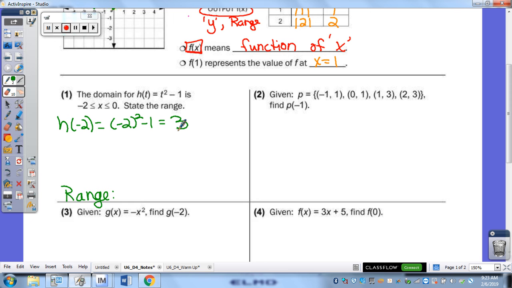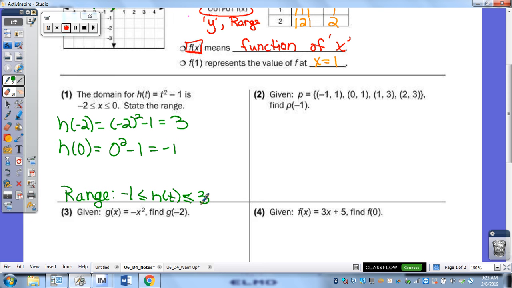So at -2, my function's at 3. I'm then also going to plug in 0. So 0 squared minus 1. Well, 0 squared gives us 0. Minus 1 gives us -1. So what's our lowest range value there? The -1. And it's going to go up to 3.